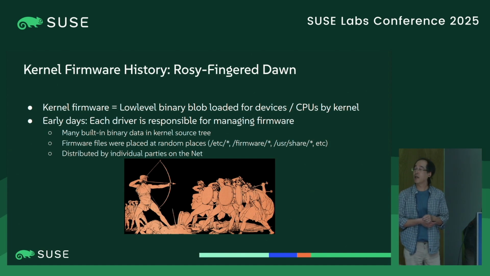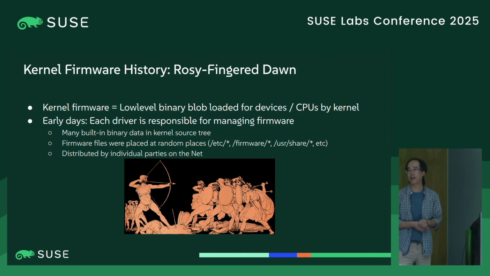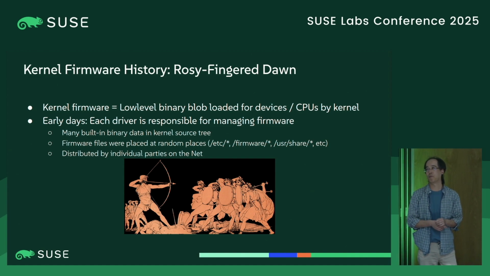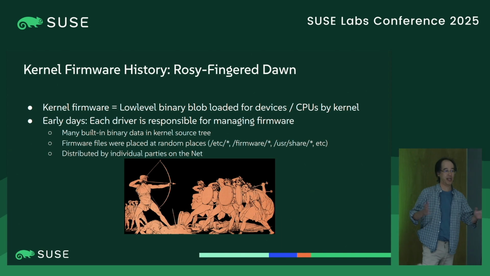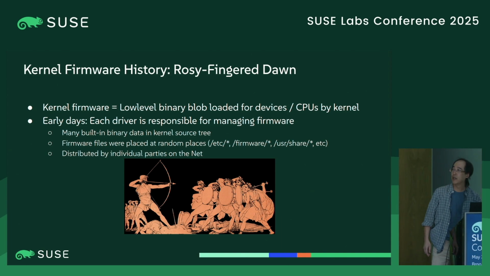Because of that, the kernel source had many static embedded hex codes, the binary blobs in the kernel source itself, or the firmware files were placed in different places, like under etc or whatever else, or the firmware files were distributed from different projects on the internet. So we had to gather from different projects and combine so many things.